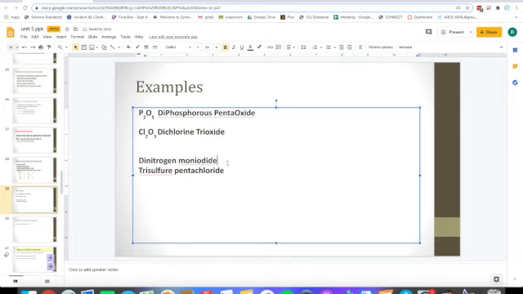Now, if they give you the name, here's how you write the compound. So first you see if there's a prefix. Well, here there is. There's a prefix for di. So whatever element you have, you know you have 2 because the prefix di is for 2. So nitrogen is the element right there. So we'll put N2.